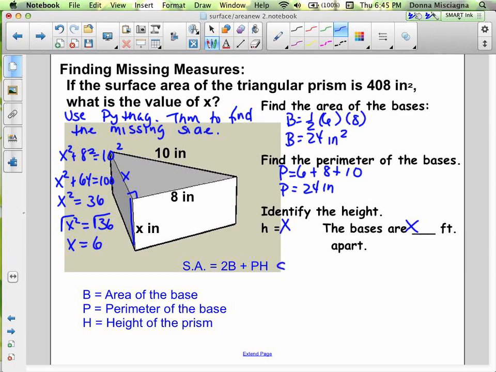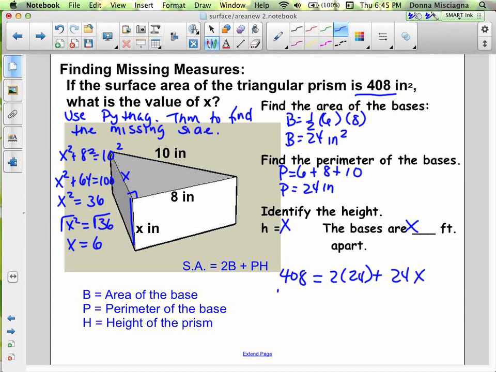All right, and we have our height. So to find our missing height, we're going to use our surface area formula. And we know the surface area. We are given that it is 408 inches squared. So 408 is equal to 2 times 24 plus 24x. Right? Just plugged in base, perimeter, height.